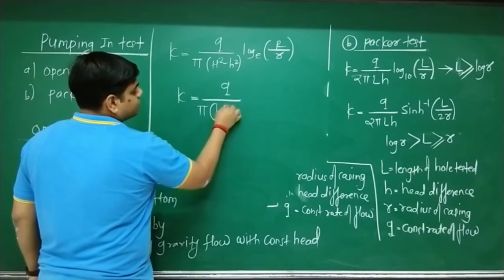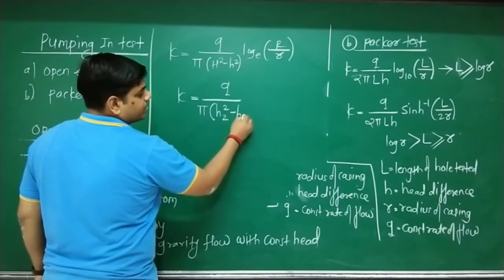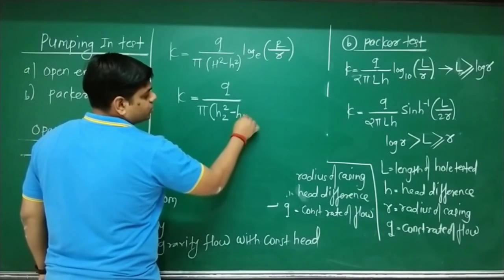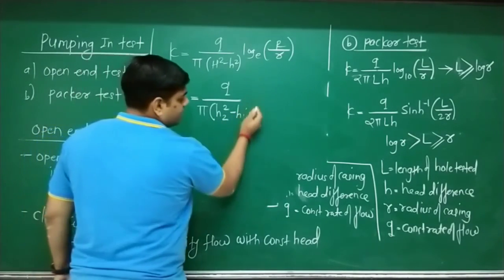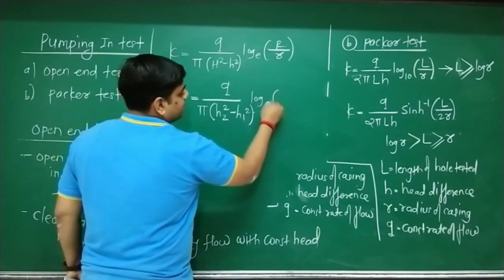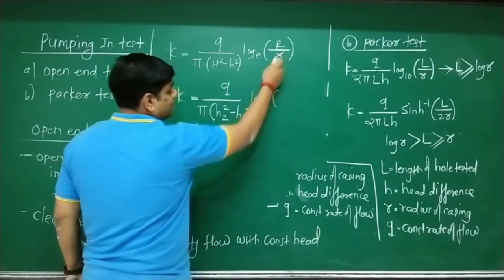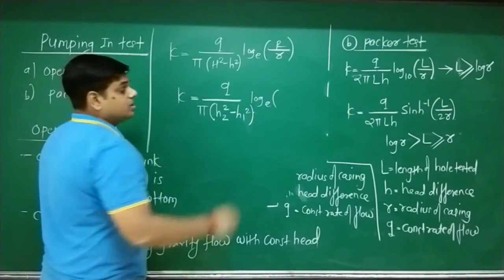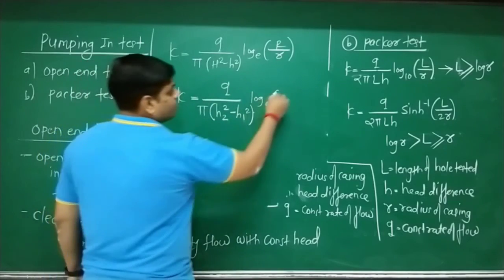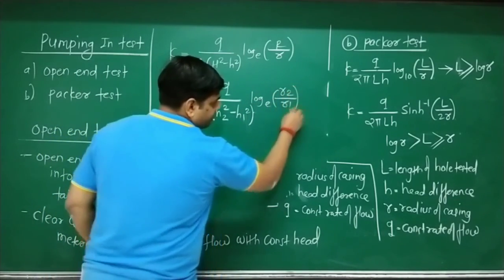So I can write H2 square minus H1 square, log to the base e. In between R1 and R2, which one is more? Capital R. So in R1 and R2, which one is more? R2. R2 upon R1.